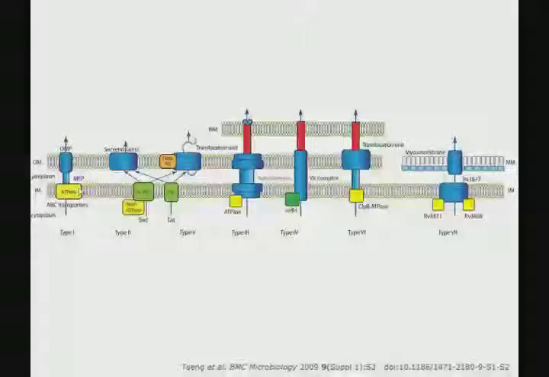Whereas the TAT pathway here recognizes slightly different signal peptides on proteins, and is dedicated to proteins that need to be translocated in partially or completely folded form. Okay, so that's the difference between Sec, which translocates unraveled or unfolded proteins, and TAT, which translocates folded proteins.